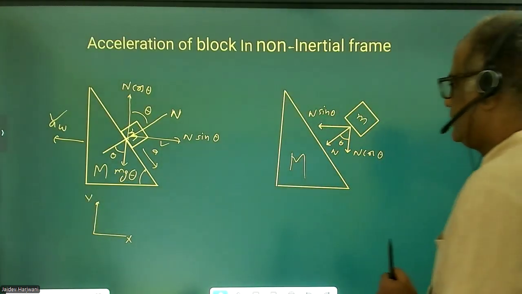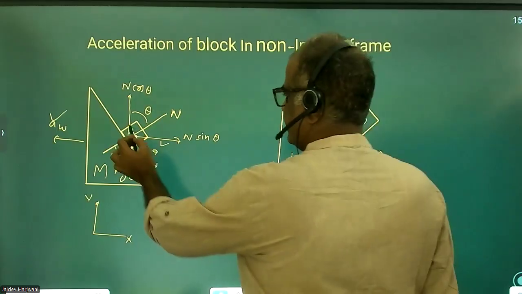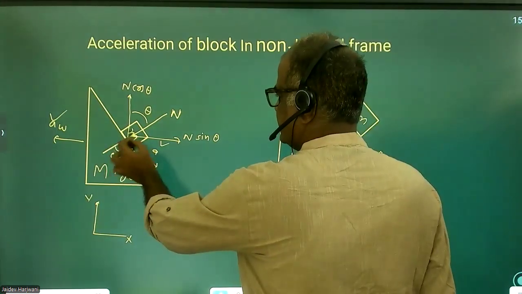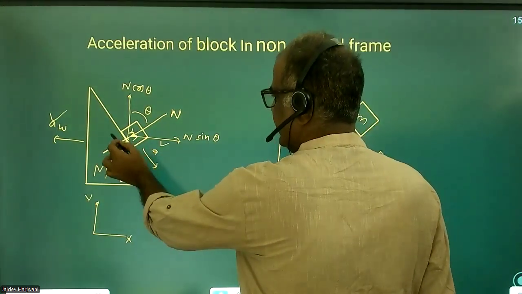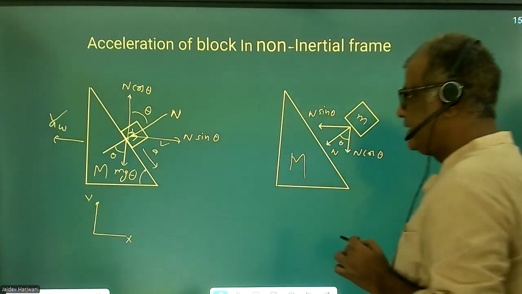Because this block is over the wedge, the wedge is applying a normal force perpendicular to it.